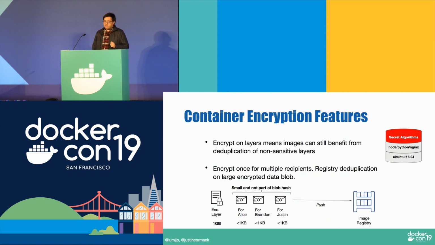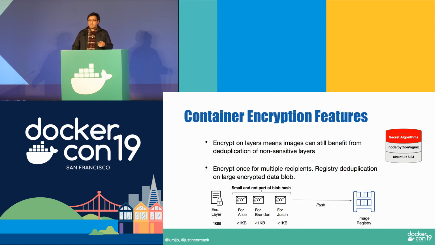The second design decision, putting the keys in annotations, was made so that we could encrypt the layer once. The layer is a huge blob, we can encrypt it once, and then we can have wrapped keys in the annotations for multiple recipients, right? So for me, for Justin, for Alice.